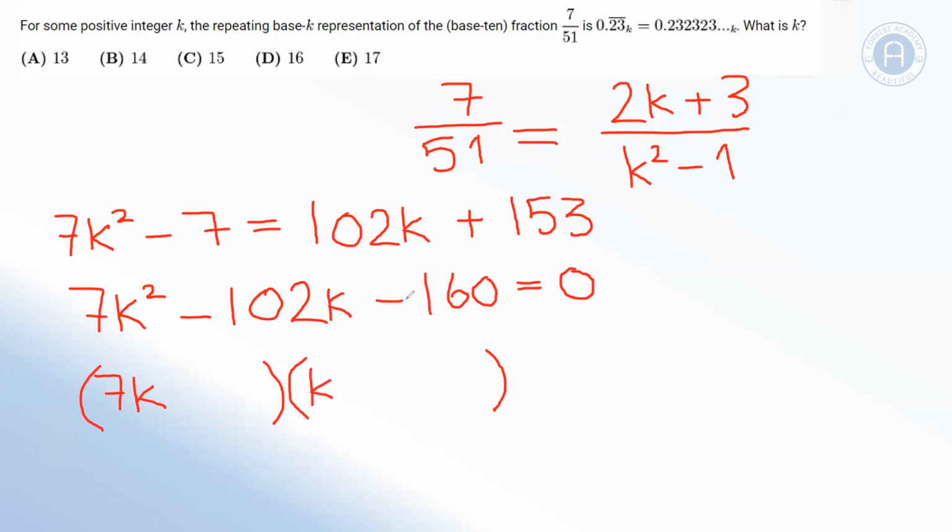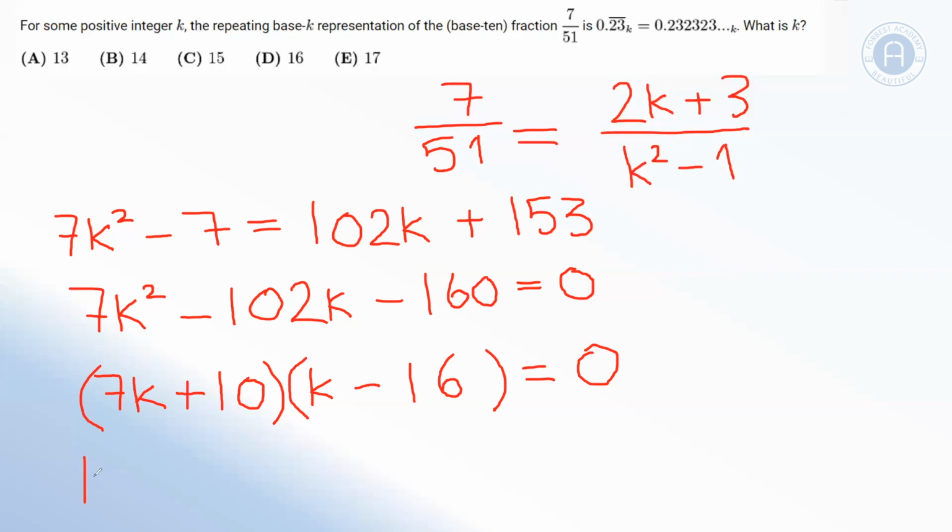Then we look at some factors of 160. We'll start with 16 and 10, where one needs to be positive and one negative. We put negative 16 here and positive 10 here. 7k multiplied by negative 16 is negative 112, plus 10 gives me negative 102, so that is the correct factorized form.